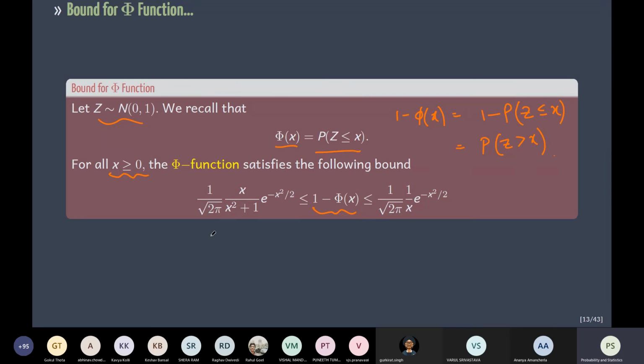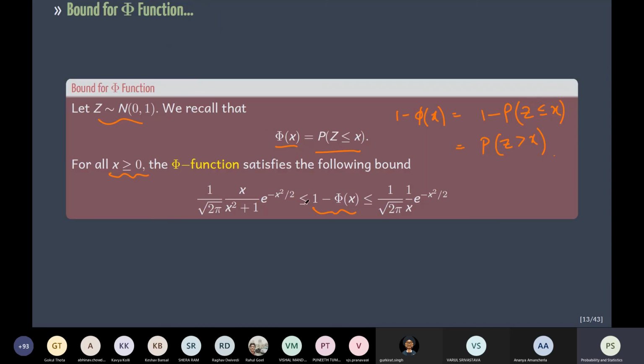Usually bounds we prove on a case by case basis. So to show the upper bound, first of all, we notice that this is nothing but the probability that Z is greater than x. So what we have to prove is that the probability that Z is greater than x is less than or equal to this term here.